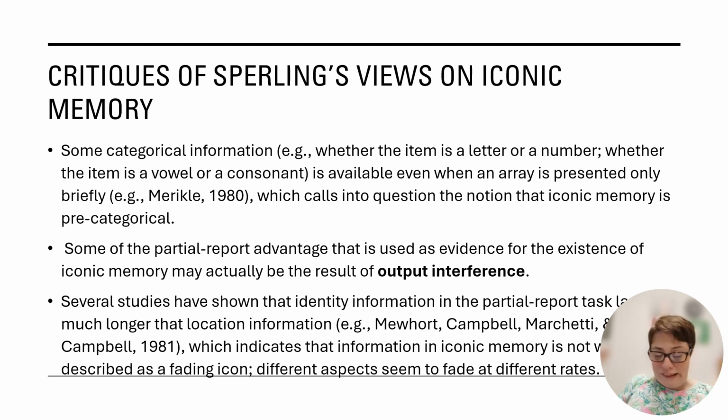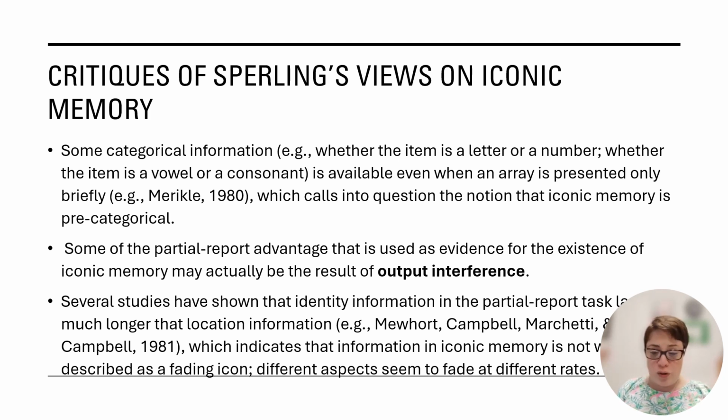So basically, the output interference explanation says that during whole report, where there's an array of 12 letters, once you write down those 4.6 letters, those letters that you've already written down are going to become so prominent in your mind that you have a harder time remembering the other 7.4 or whatever letters.